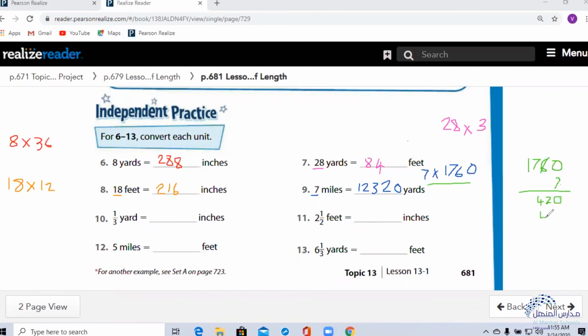So I know I have to write 49 down there. 7 times 1 is 7. If I add that together, I get 12,320.